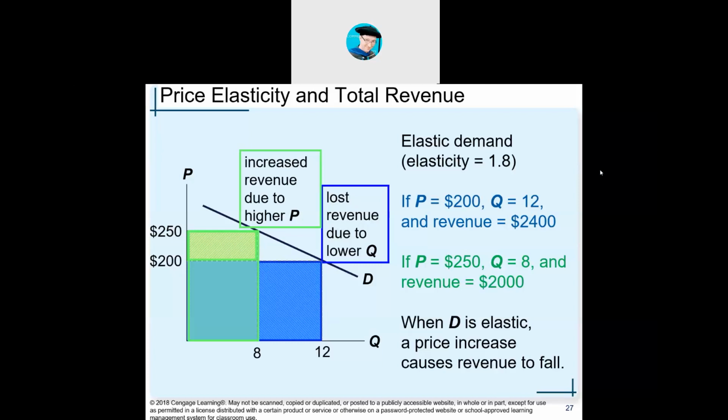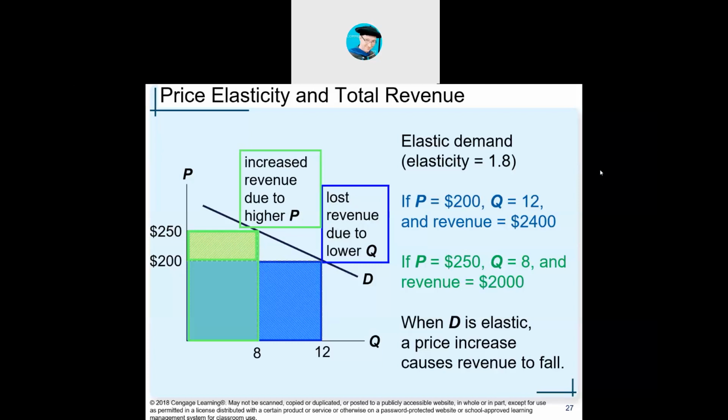So the point here is that with this change in price, I'm going to sell less if my prices go up. My demand is relatively inelastic at $200 per website at 12 websites per month.